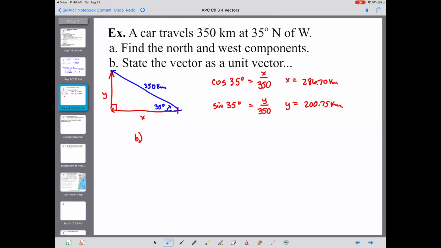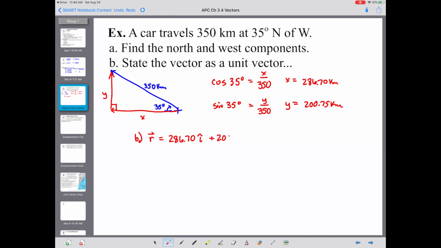Now, part B, when we're writing this as a unit vector, well, we're going to use an R for the vector, and then I need to express these as the two components. I know the 286.7 is in the x direction, so I'll write that, and I'll tag it with an i, which just represents the x direction.